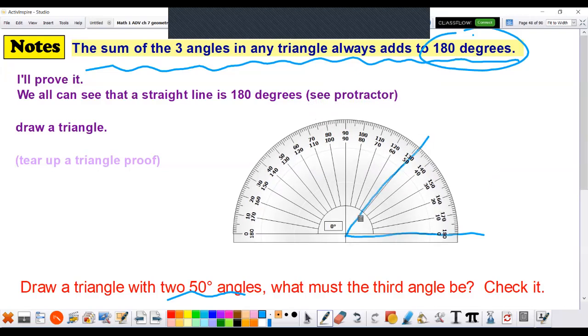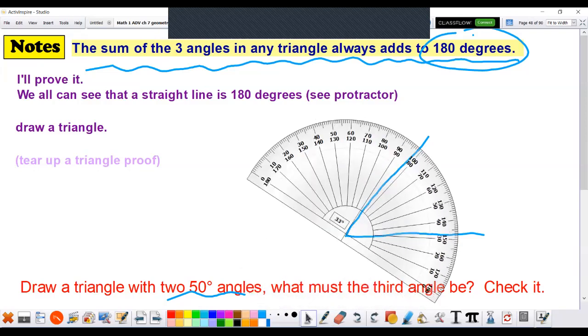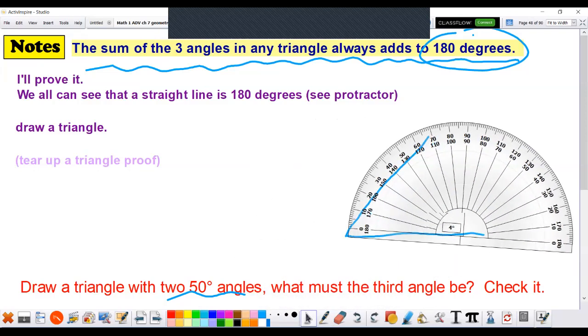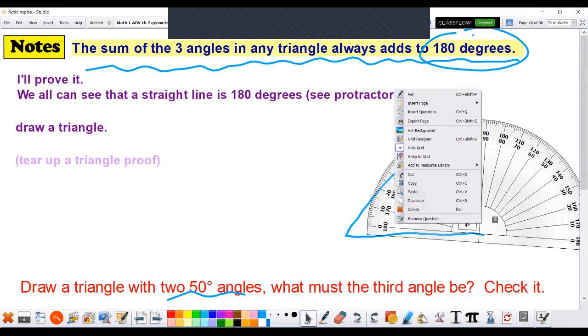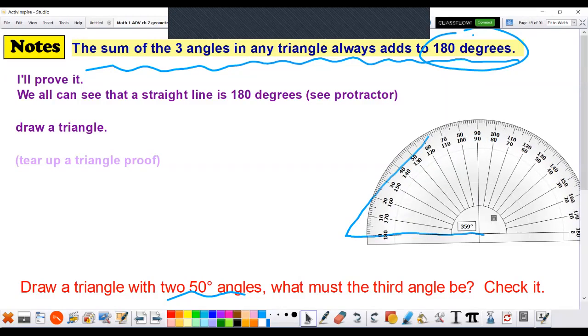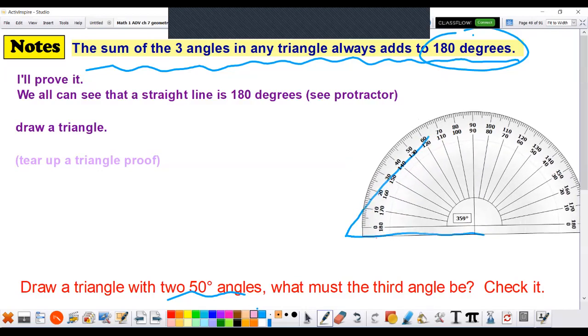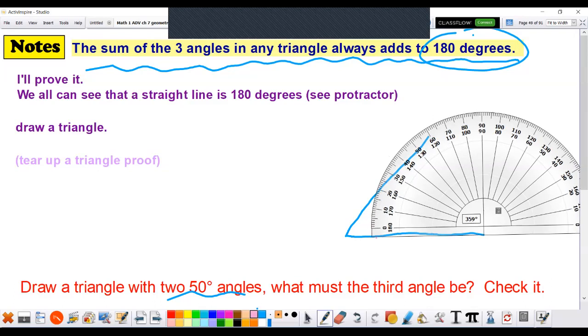Of course, I would use a ruler and make this nicer. Then I'm over on this side now, so I'll go 0, 10, 20, 30, 40, 50. This is not easy. Right there, that's 50 degrees.